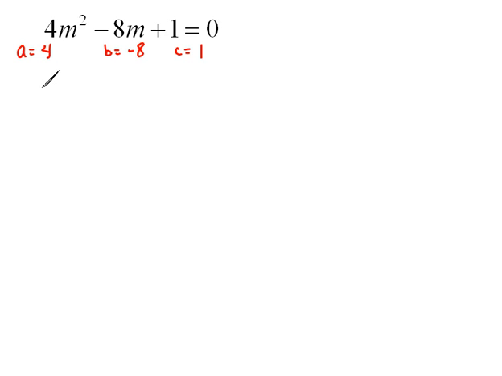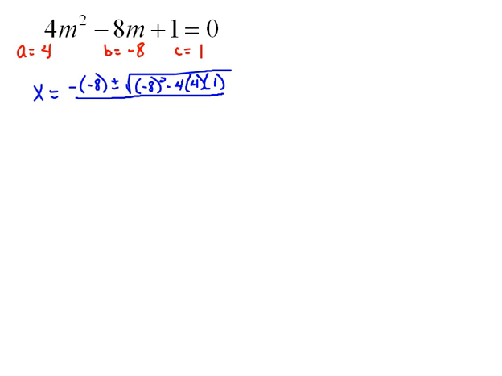And now we start plugging in our numbers. X equals negative B, which is -8, plus or minus the square root of B squared minus 4 times A times C all over 2 times A. And then we simplify.